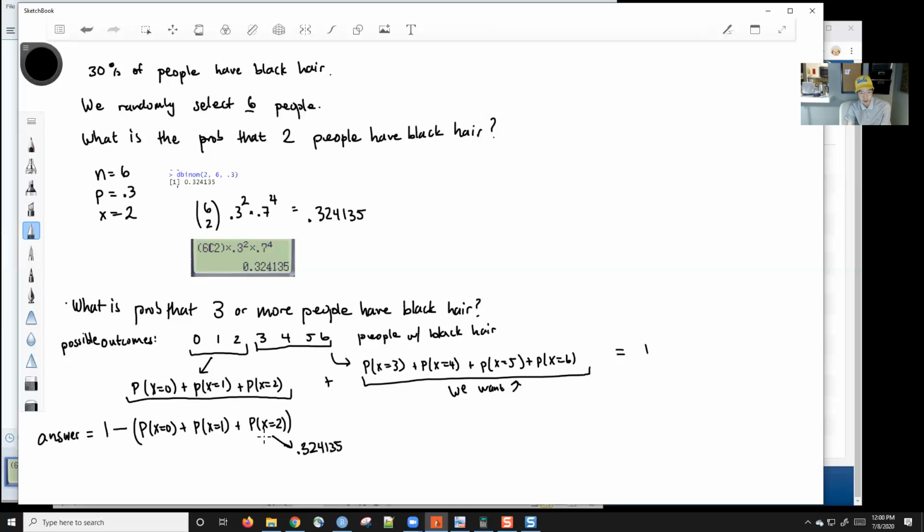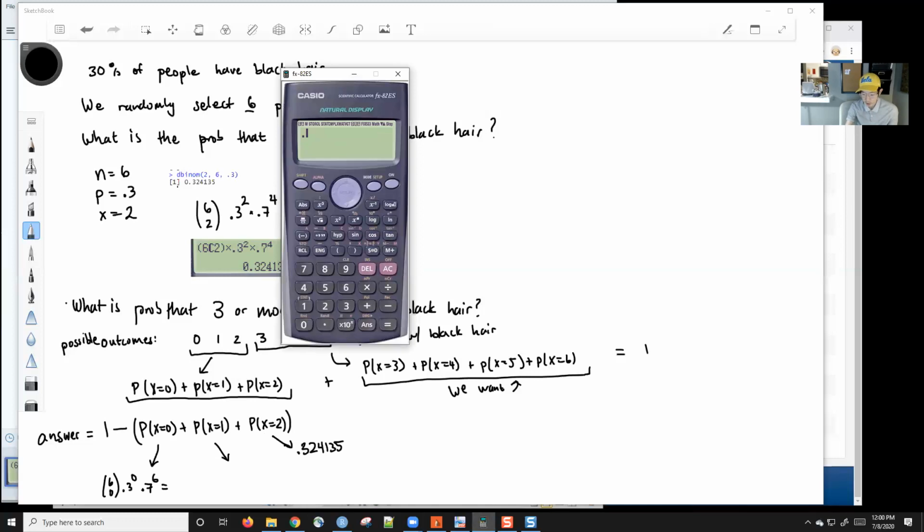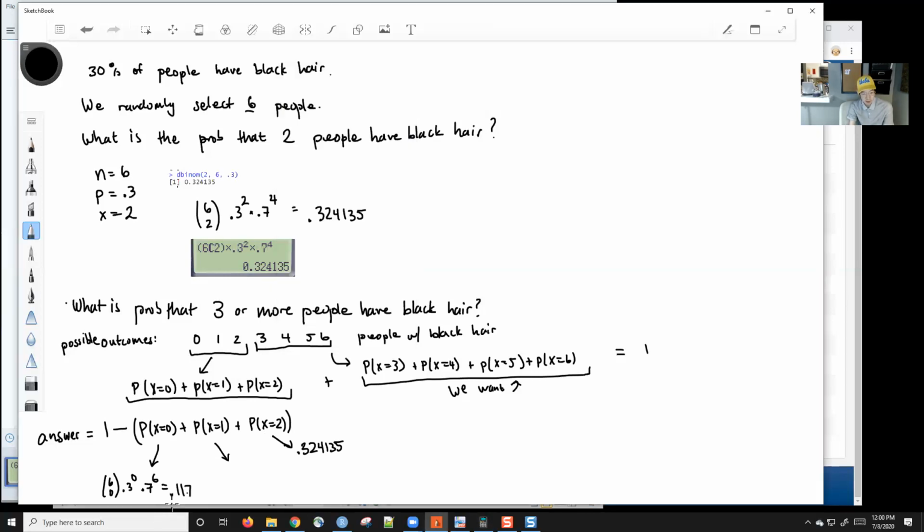Okay, and we have actually already found this answer to be 0.324135. Okay, and so now I can just calculate this. This will be 6 choose 0, 0.3 to the 0, 0.7 to the 6, which reduces to 0.7 to the 6. All 6 people have to not have black hair. 0.7 to the 6 is 0.117649.